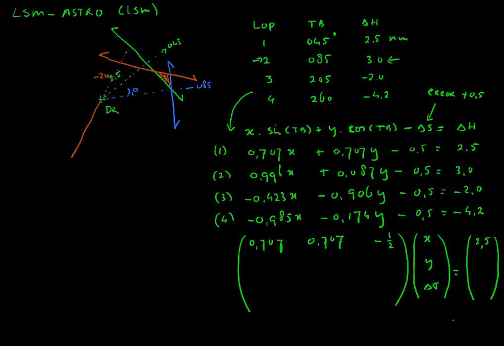I multiply this with x, y, and the delta sigma, the error, and this should be 2.5 and the rest of all the numbers. So completing the matrix, this should be 0.996, 0.087 and minus a half. You can do this in decimals as well.